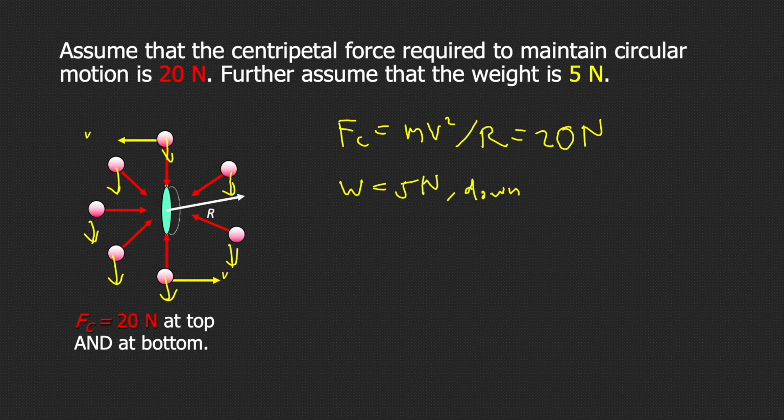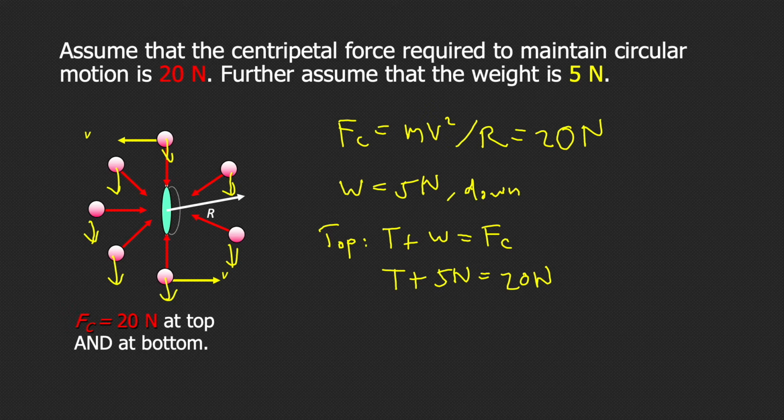So the weight is equal to 5 newtons down. Now the resultant force is a vector sum of T and W at any point in the path. So at the top, T plus W is equal to Fc. So T plus the weight, 5 newtons, is equal to the centripetal force, which is 20 newtons.